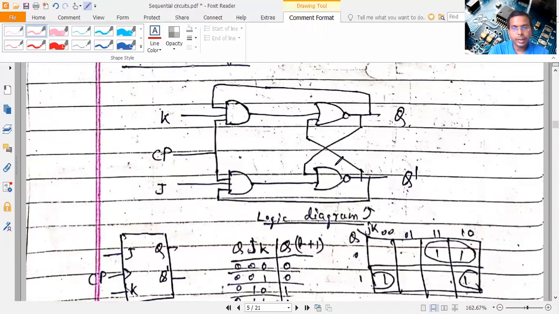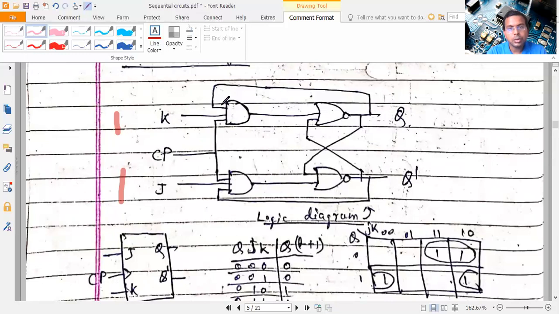Now by feeding back, we are restricting the 1 1 condition. When S and R were both 1 1, both outputs were becoming 0 0. That condition will not be here, because if one input is 1, the other is fed back from this side. So both inputs will be different.